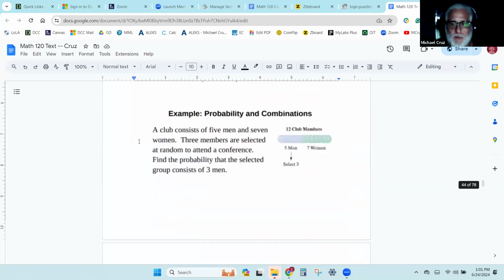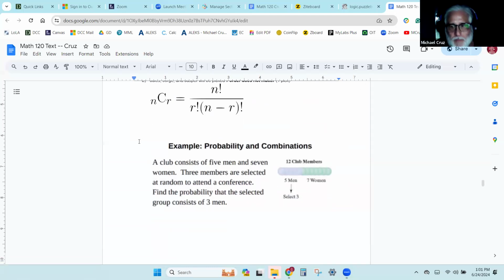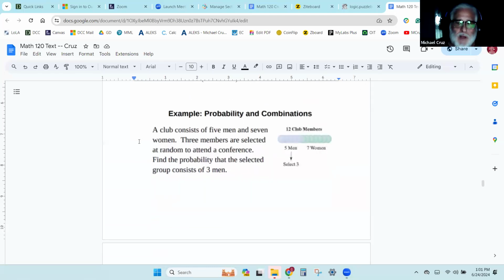All right, let's look at a few of these things. All right, we have a club that consists of 5 men and 7 women. So we got 12 club members. We got 5 men, 7 women. What's going to happen here is we're going to pick 3 of these people and send them to a conference.